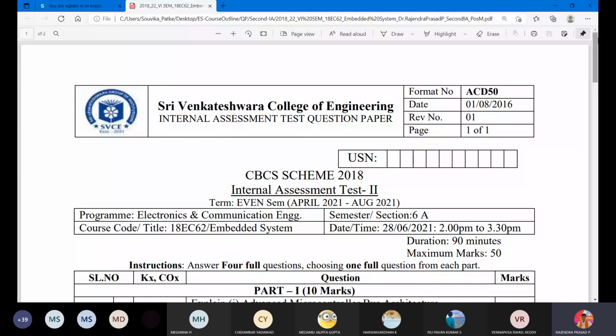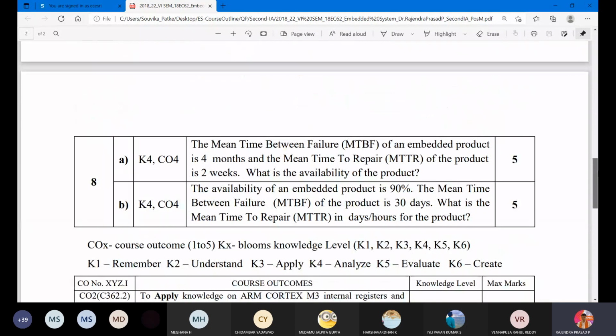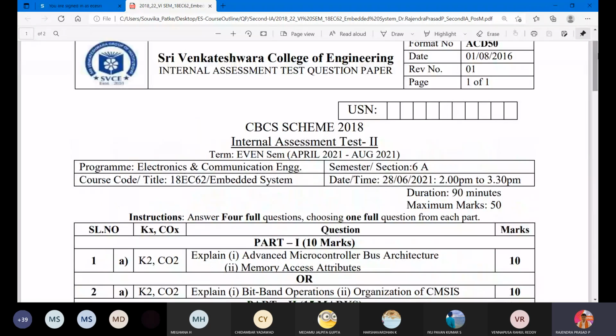So this is about your second IA questions which I had asked. For embedded systems, test 2 and test 3 are all theoretical type. You will not get many problems, only theory concepts.